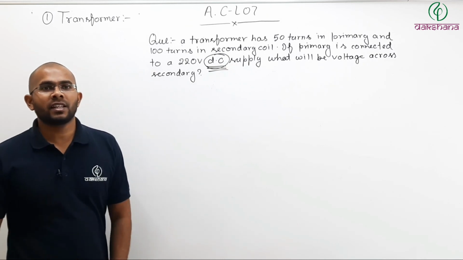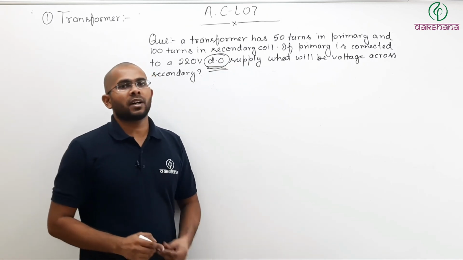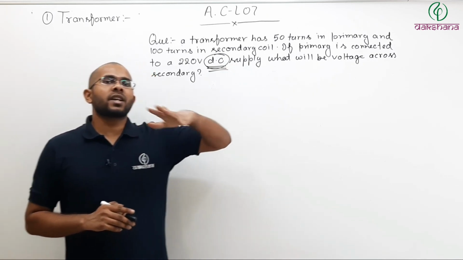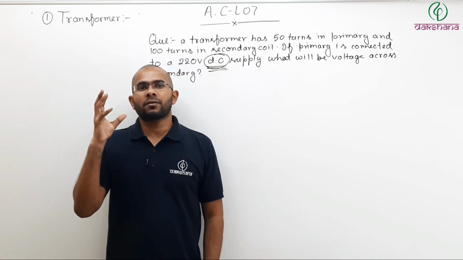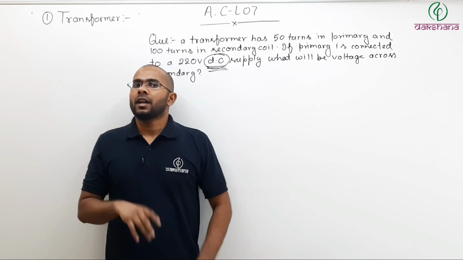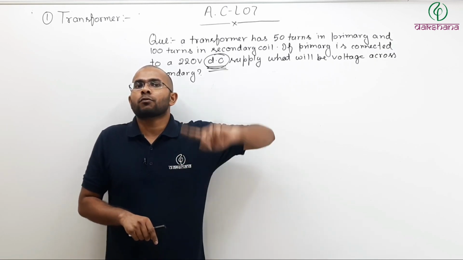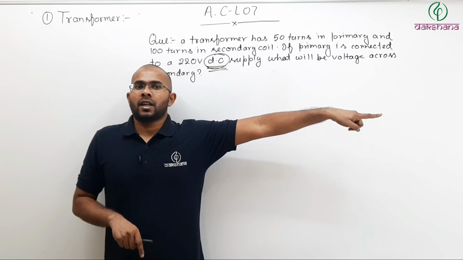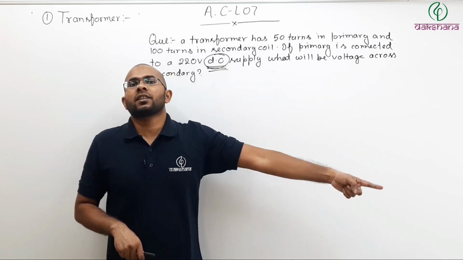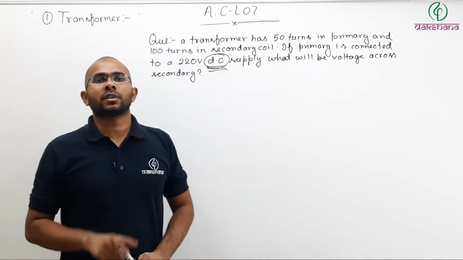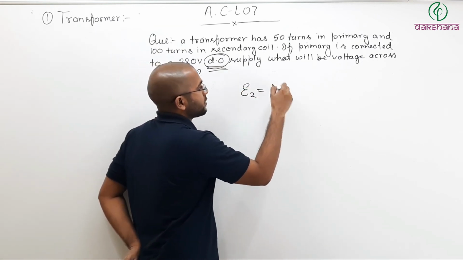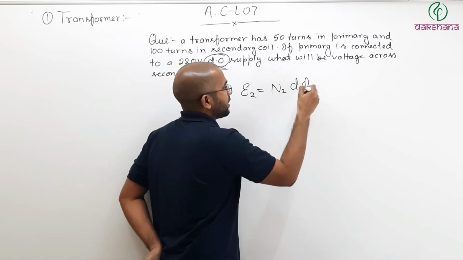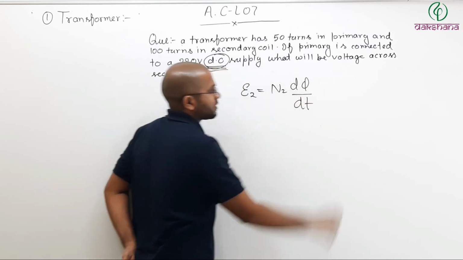DC. In case of a DC, remember, what was the basic principle of the transformer? That I was changing the flux in the primary, and due to that, flux was changed in the secondary. And because of the change in flux, EMF was induced. Remember, E2 was N2 times d phi by dt.